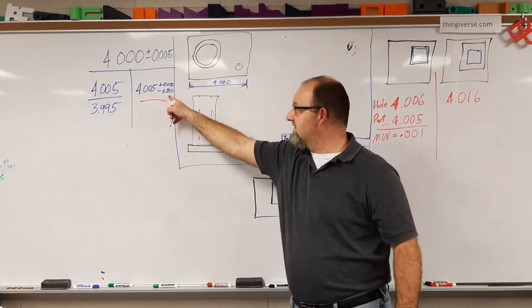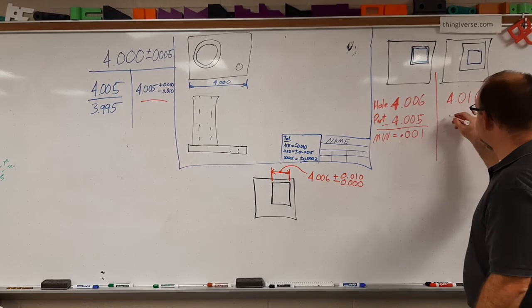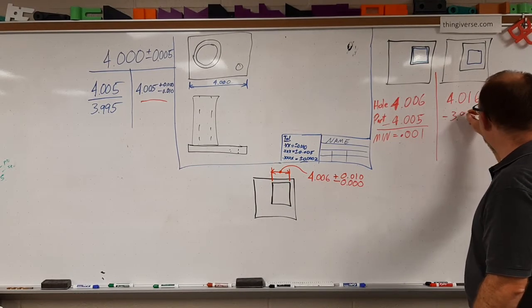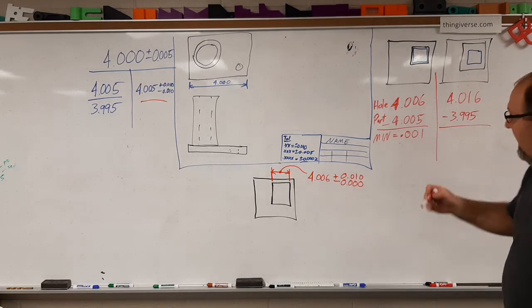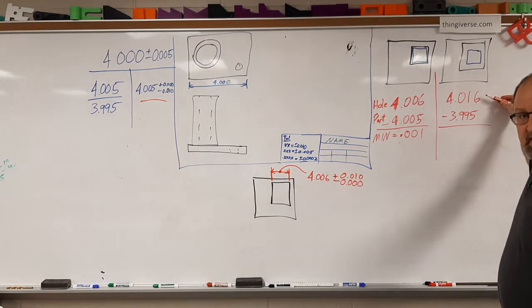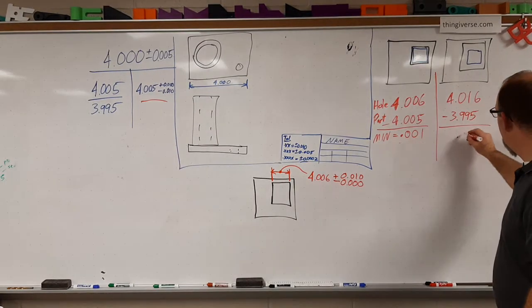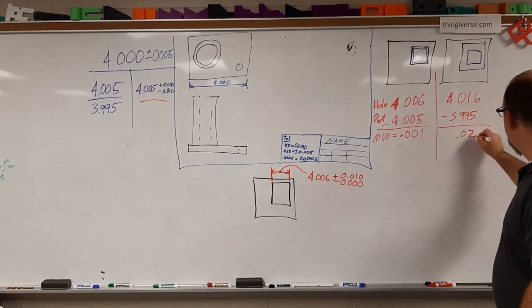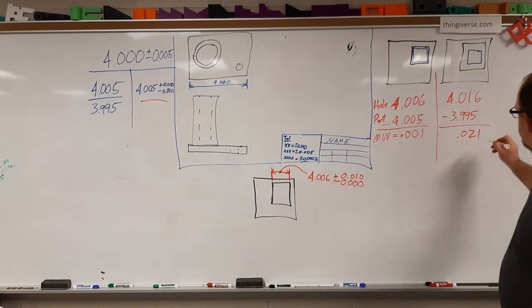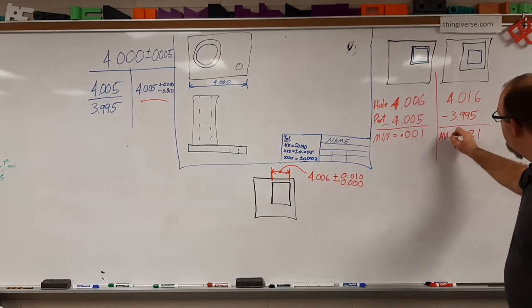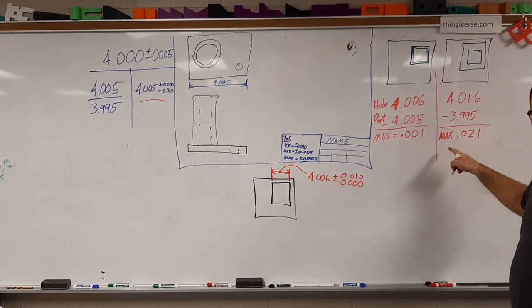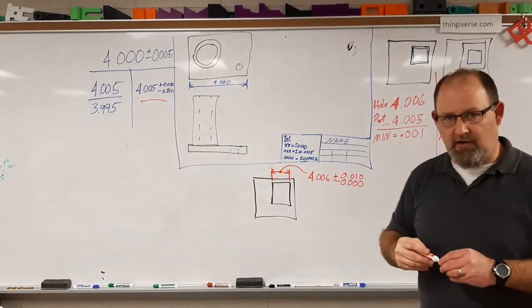Okay, so 10 thousandths here, which gives us 3.995. So if we subtract this out, 4.016 minus 3.995, we are left with 0.021. Okay, so this is now the maximum clearance.